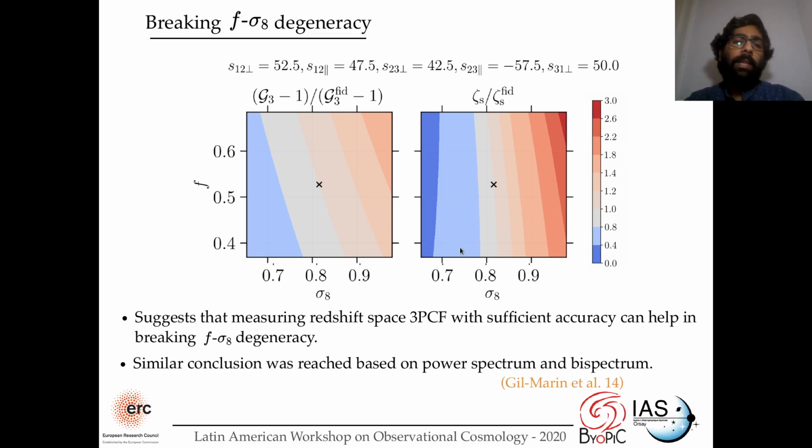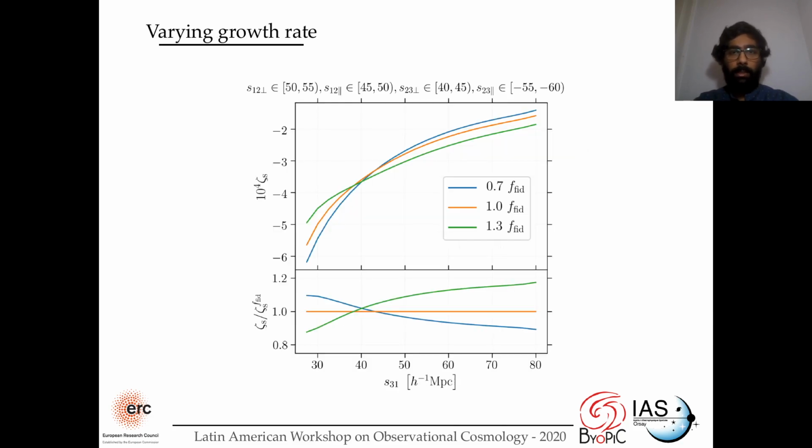On the left panel we show the full 3-point correlation function and on the right we show the connected 3-point correlation function, and on the y-axis is the growth rate and on the x-axis is sigma 8. By varying different parameters, we see that, as mentioned, measuring the redshift space 3-point correlation function has different dependencies and can help in breaking these degeneracies.